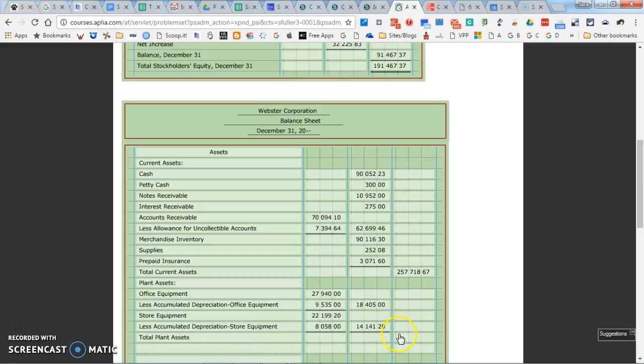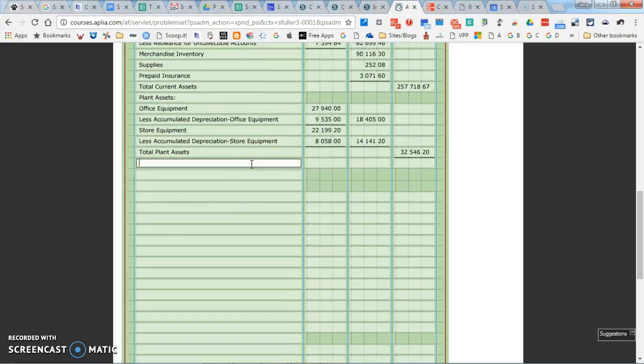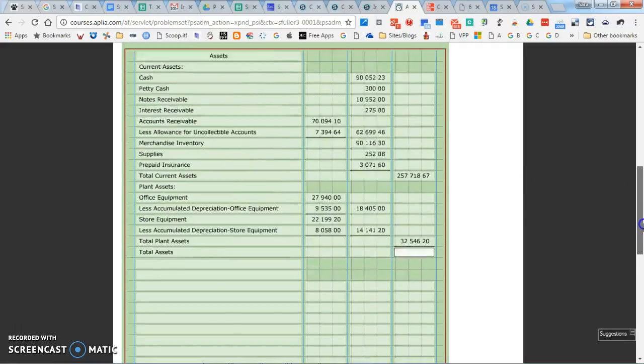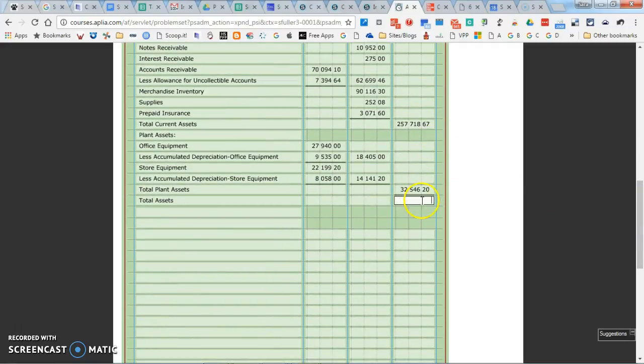We're going to add our two numbers here up in the middle and get $32,546.20. Then our next line is going to be total assets. And so we're going to add up just our two numbers here. So we will have $290,264.87.